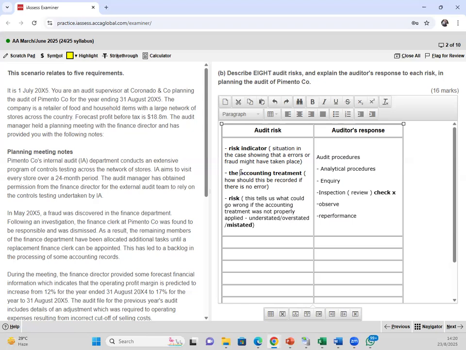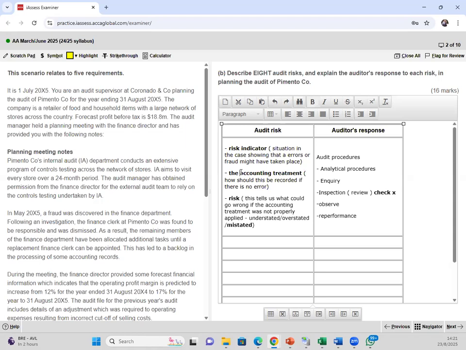Your focus has been on the length of the period the internal audit is taking and the response of the internal audit. The question is asking about the risk and the response of who? It is the risk and response of the external auditor.